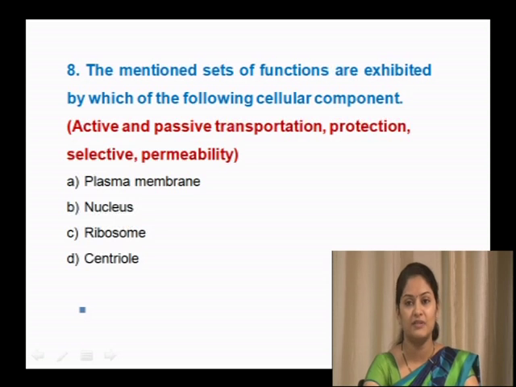So these are the functions associated with the transportation, providing protection, and being selectively permeable is the property of plasma membrane, whereas nucleus, ribosome and centriole, at least these cannot provide protection. For providing protection, it has to be on the periphery. So this main function may give us the particular clue for the answer. So option is A for this question.